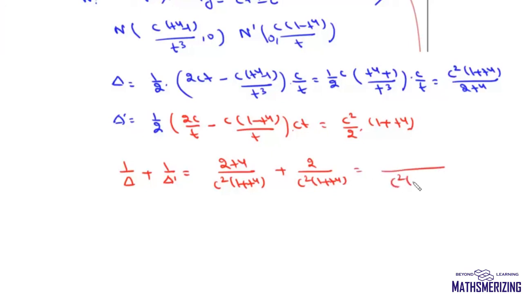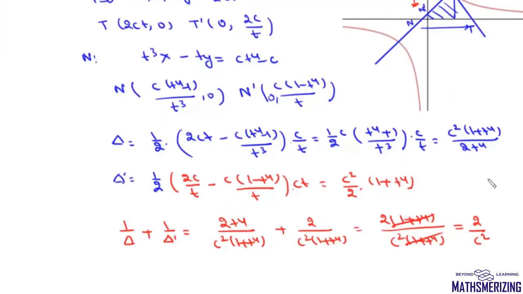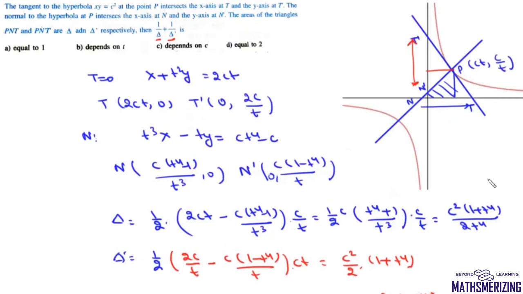So we can write this as 2(1 plus t to the power 4) upon c square (1 plus t to the power 4). Now this 1 plus t to the power 4 will cancel. So 1 upon delta plus 1 upon delta dash is 2 upon c square. So it depends on c, but it is independent of t, and that's your option number C.